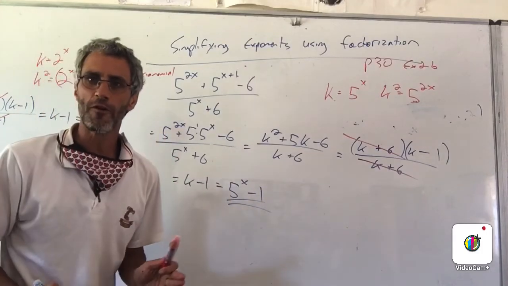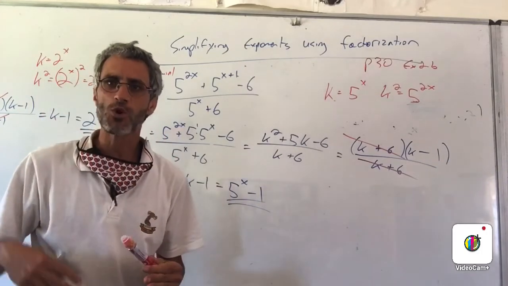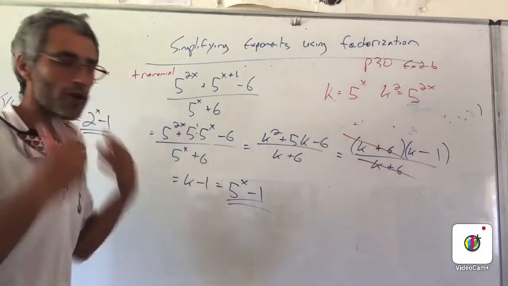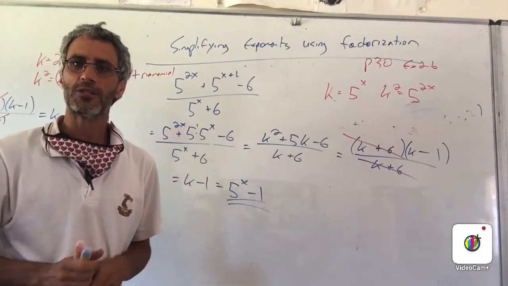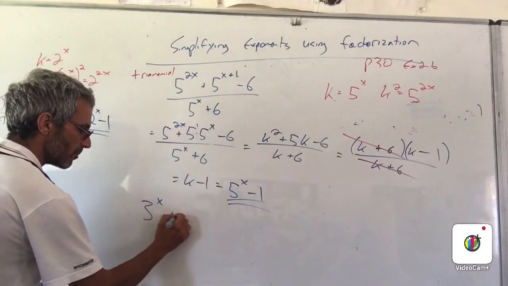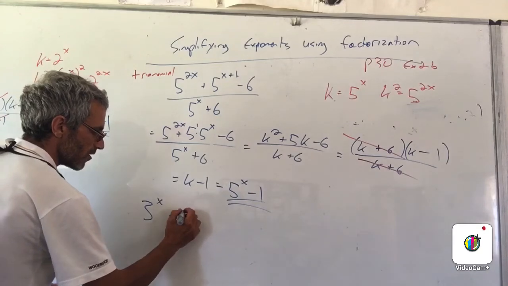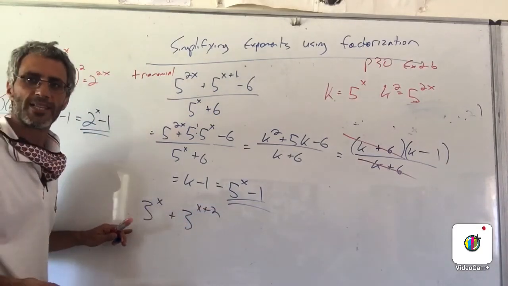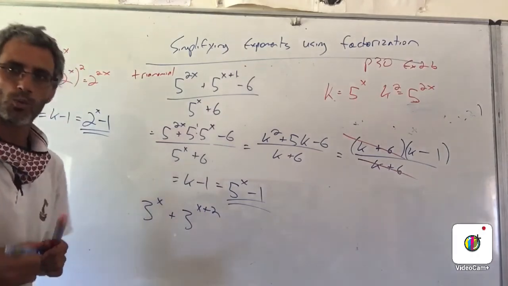So let me quickly review and remind you what the possibilities are. The first thing to look at is factoring something out, a common factor, something like 3 to the power x plus 3 to the power x plus 2. You can take a 3 to the power x out. That's the first thing. The second one was the difference of squares.